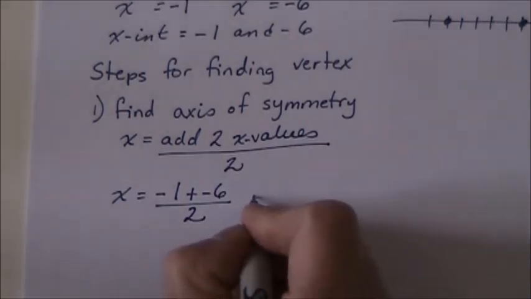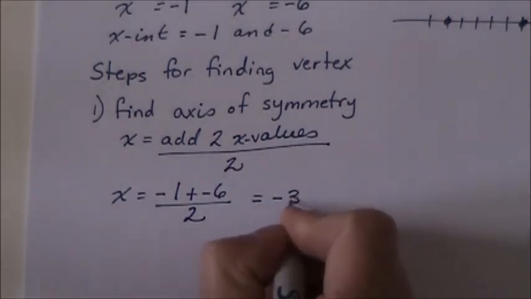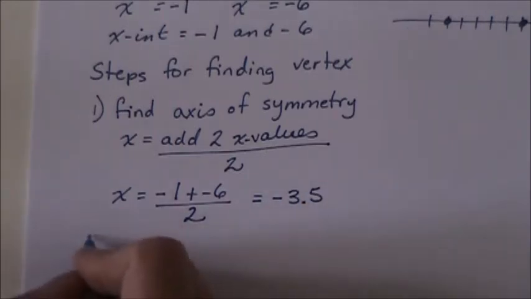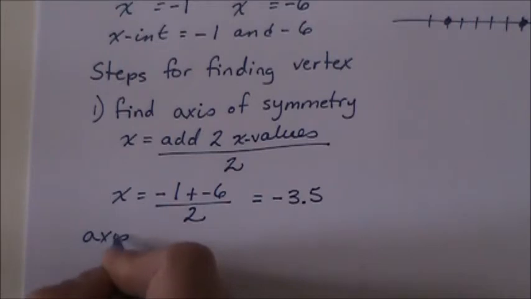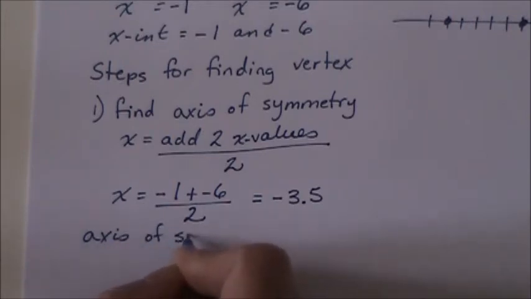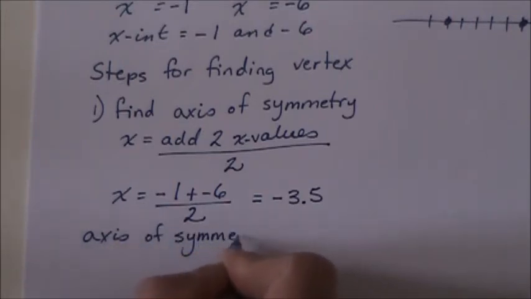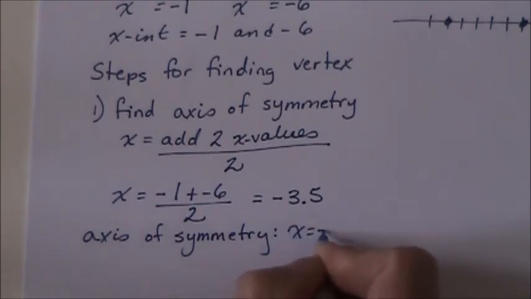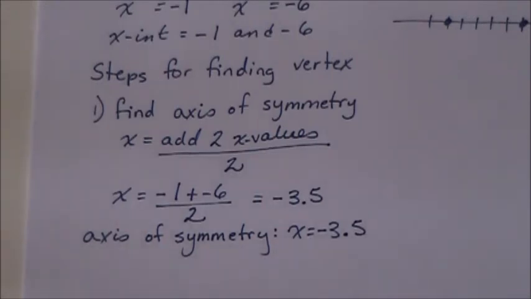And when we calculate that, we get negative 3.5. So that means our axis of symmetry is x equals negative 3.5.